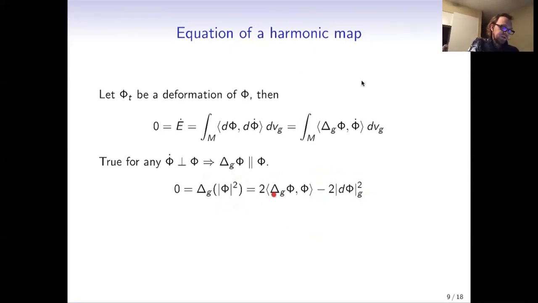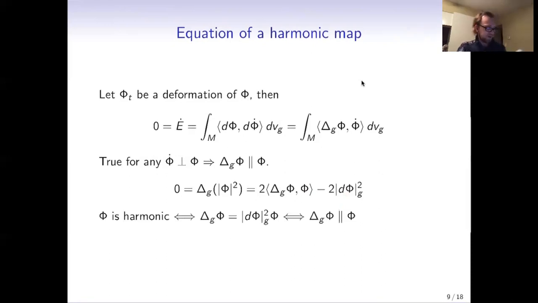And it tells you that the product of Laplacian φ with φ is always |dφ| squared, no matter what. So the end result is that φ is harmonic is the same as φ satisfying this equation, and it's the same as the Laplacian of φ being parallel to φ. So you can think that a map is harmonic if and only if it satisfies this equation.